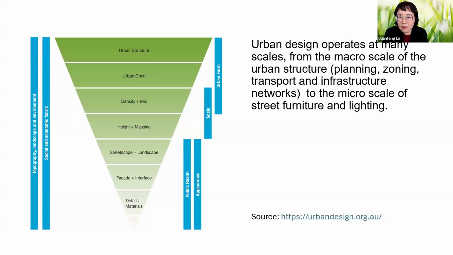And because urban design operates at different scales, from detail levels such as textural materiality to street facade interface, to landscape and to the neighborhood scale, for example, the height and density of buildings, to urban structure.